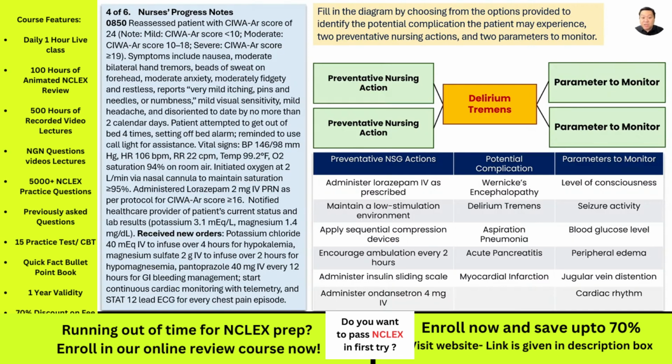There is no mention of unsteady gait or eye movement problems. The client here has anxiety, tremors, and a rising CIWA score that strongly suggest alcohol withdrawal, not Wernicke's. Also take note that Wernicke's encephalopathy develops over a longer period. We're talking about days, even weeks, not hours. And so DTs would really fit here.